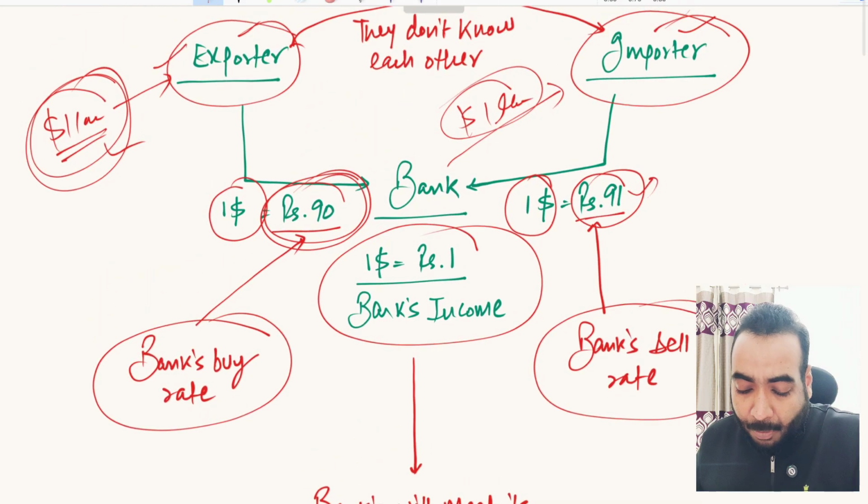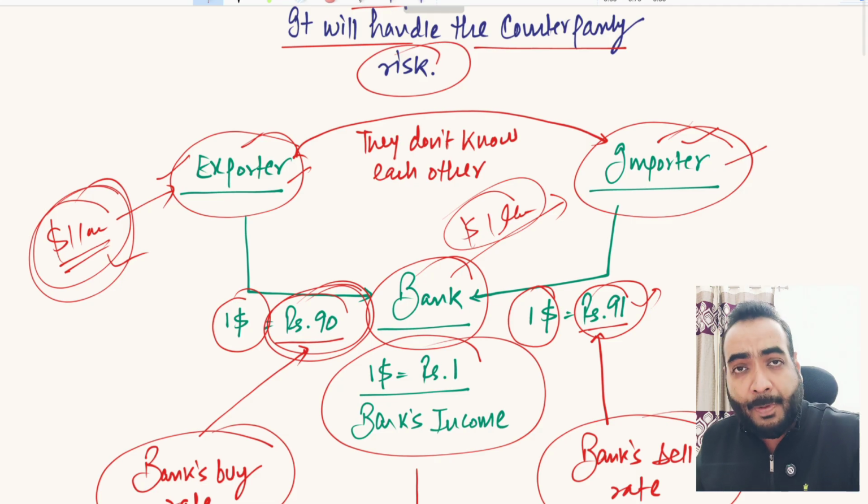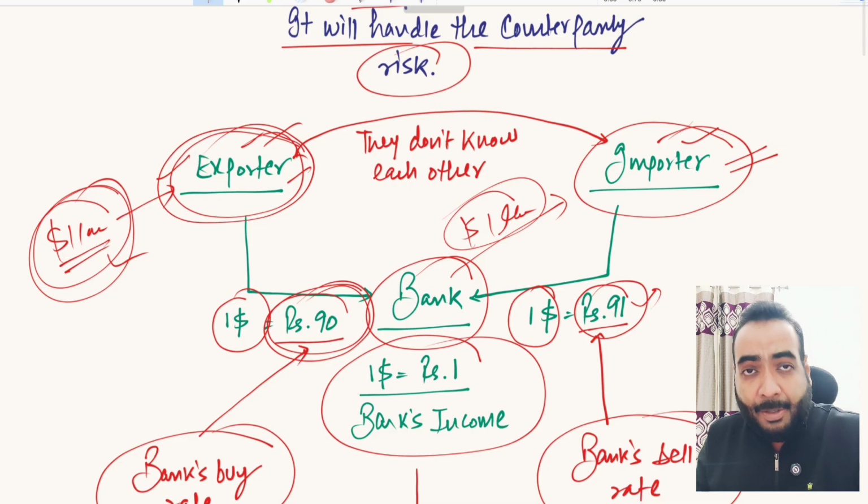Now since the banker is involved, the exporter is not worried about the commitment of the importer, and the importer is not worried about the commitment of the exporter. The exporter will get his payment, give the $1 lakh to the bank, and the bank will credit him 90 rupees per dollar.